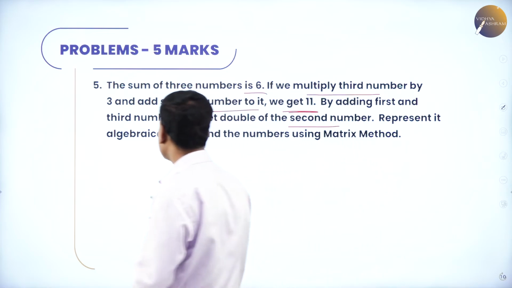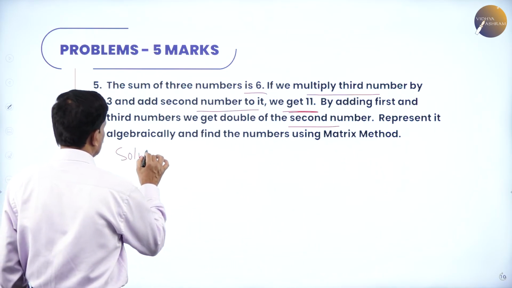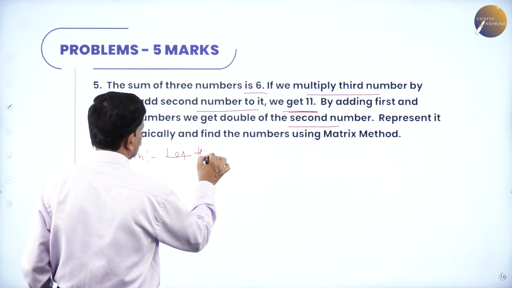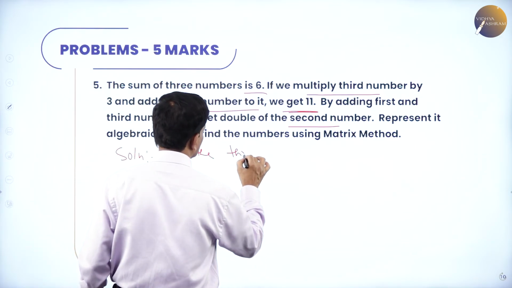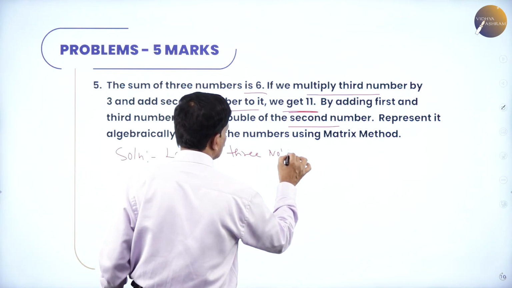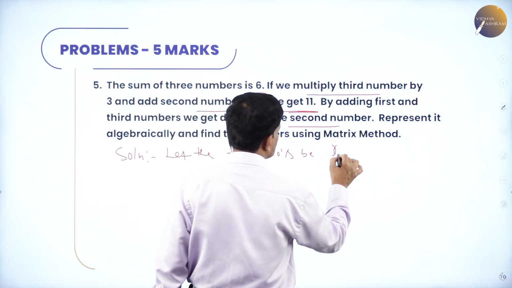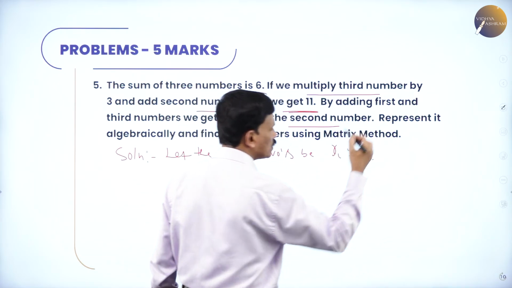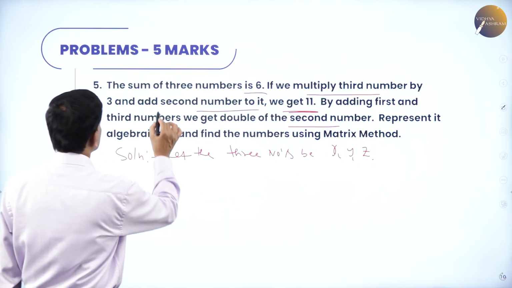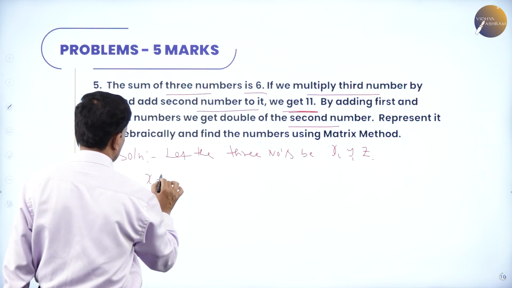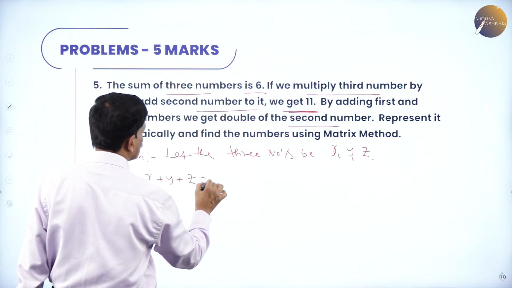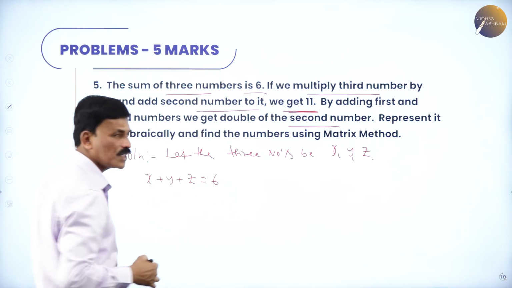Now, let us consider the three numbers. Let the three numbers be x, y and z. Now, what is the given condition? The sum of three numbers, x plus y plus z, is 6, first equation.